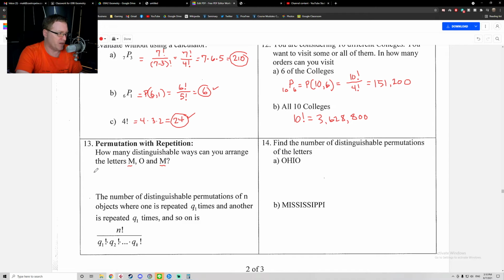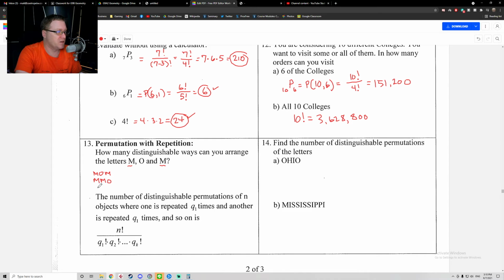Well, we could have M, O, M. Then let's start with M again. Well, we could switch these two, so we get M, M, O. Could I start with M again? No, these are the only 2 ways that we can start with M: M-O-M and M-M-O.